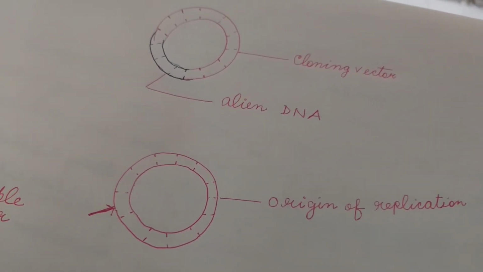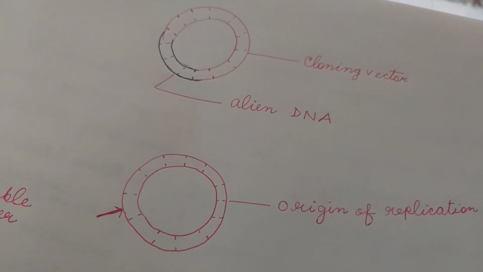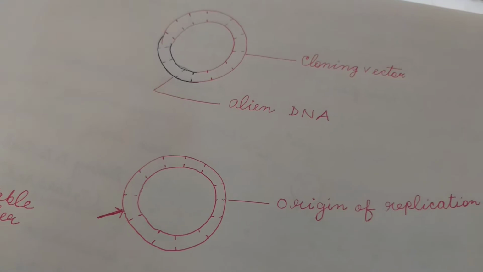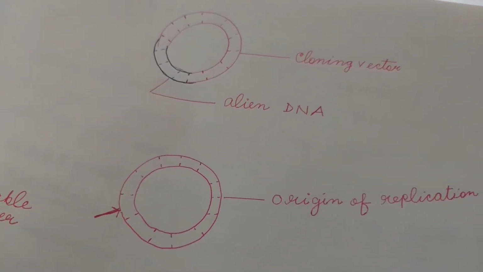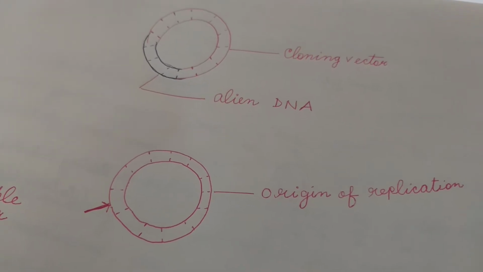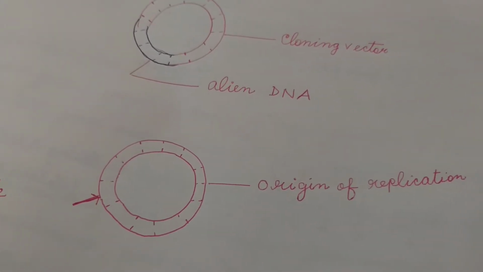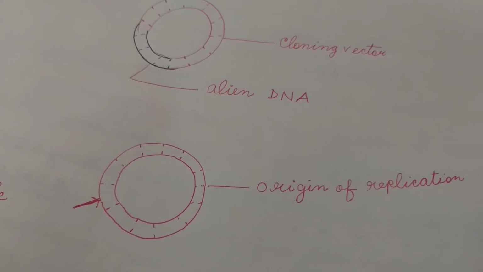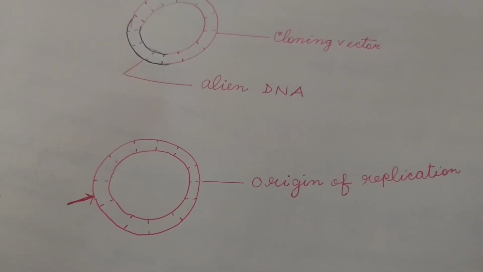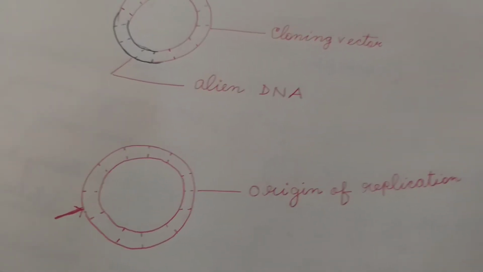If we want to obtain a very large number of copies of the alien DNA, the alien DNA should be connected to that cloning vector which has an origin of replication that supports a very high copy number.